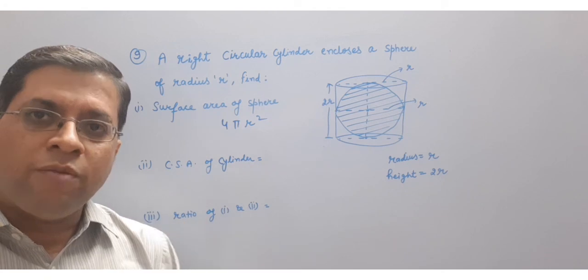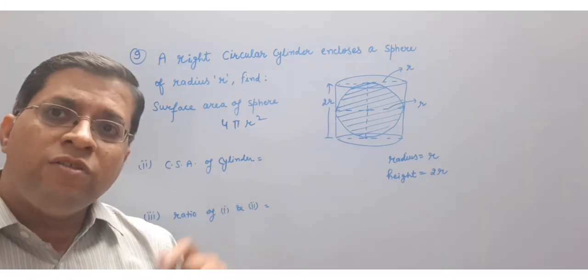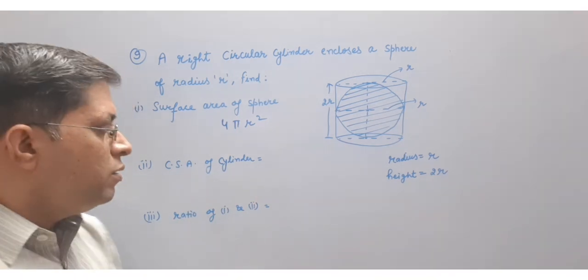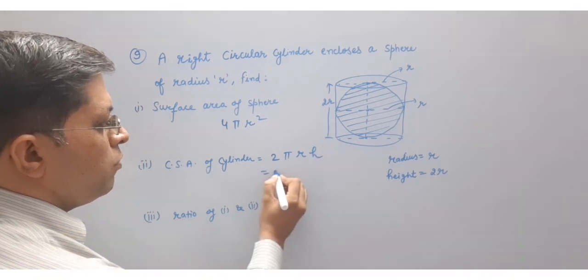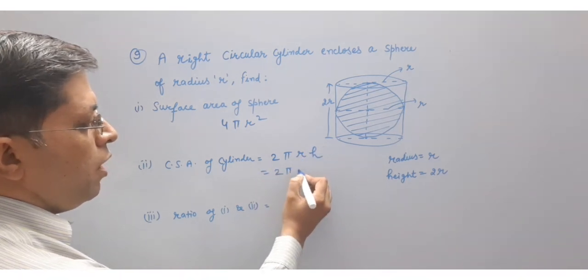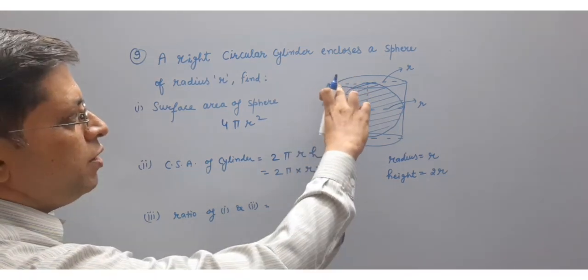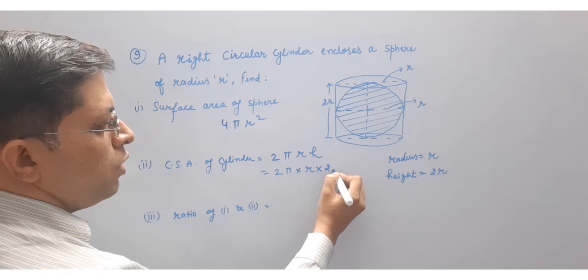Okay. Then second part. CSA of cylinder. What is CSA of cylinder? 2 pi RH. Okay. This is your 2 pi RH. 2 pi R is R. And what is H? H is your diameter of sphere. This is your 2r.